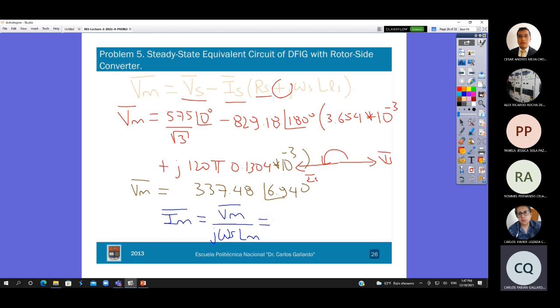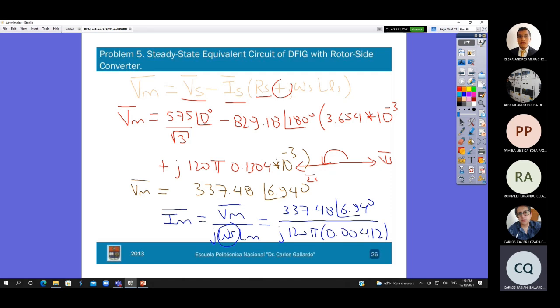So this is equal to 337.48 with 6.94 degrees, over j times the speed, which is 2 times pi times the frequency of operation, it means 120 pi, and the magnetizing inductance according to the problem is 0.00412.